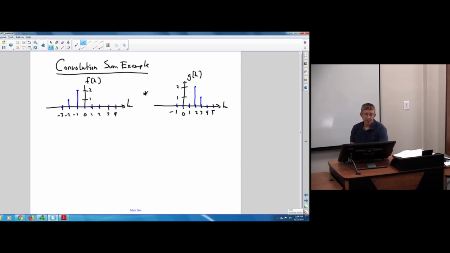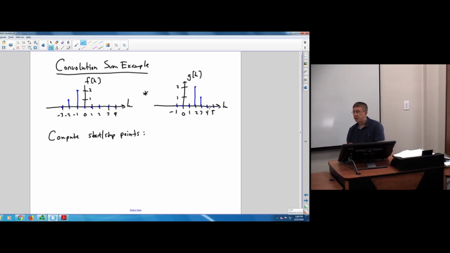As a first step, this only has 2 non-zero values, and this only has 2 non-zero values. One of the things I usually like to do when you're dealing with what we call finite width signals, signals that only exist non-zero for a finite period of time, is that you can really easily compute the start and stop points.